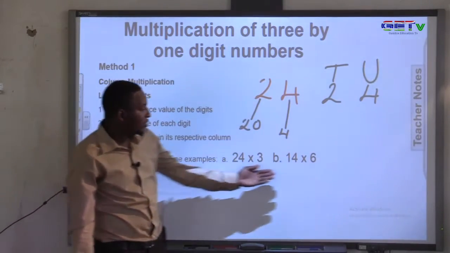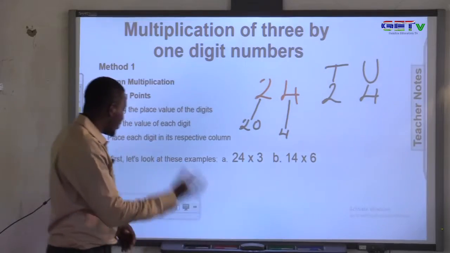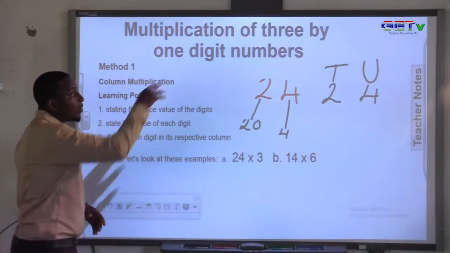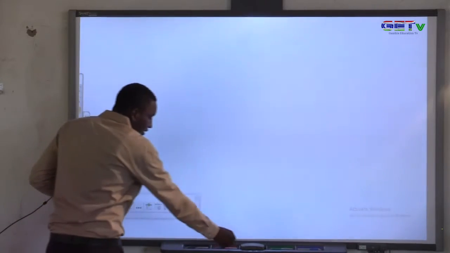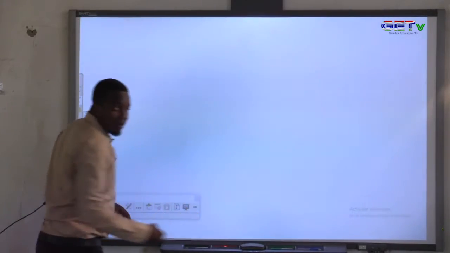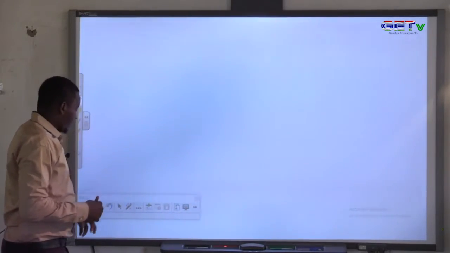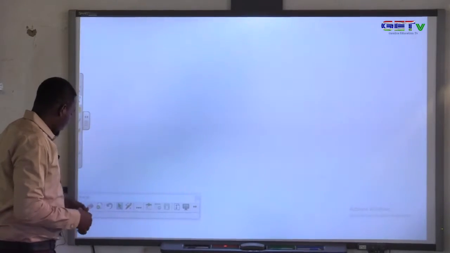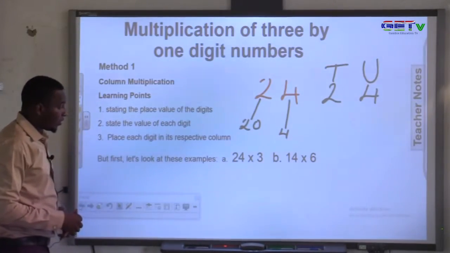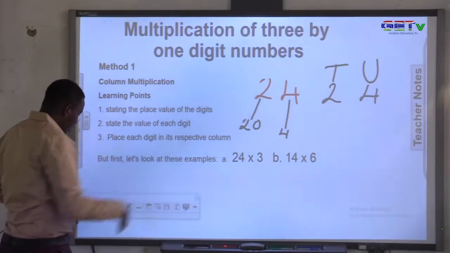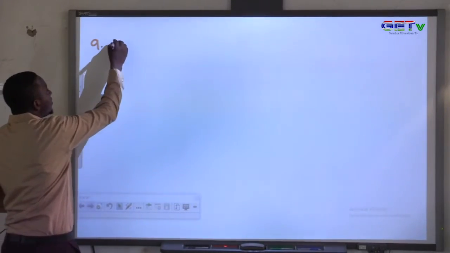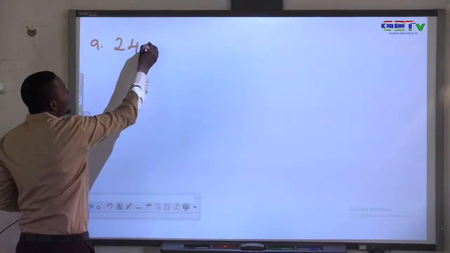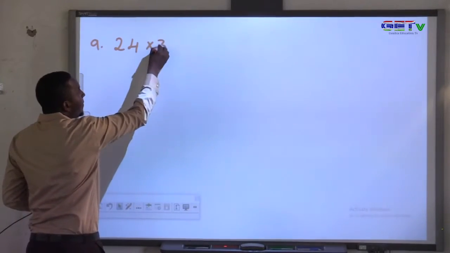Maybe we're going to solve just these 2 examples, and then we move ahead to our topic of discussion. So we are going to try the first one. The first one there we have is 24 multiplied by 3.